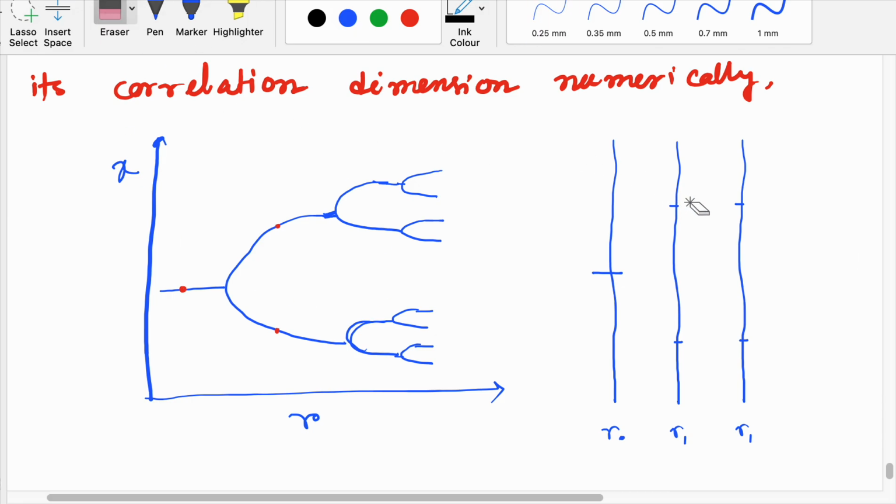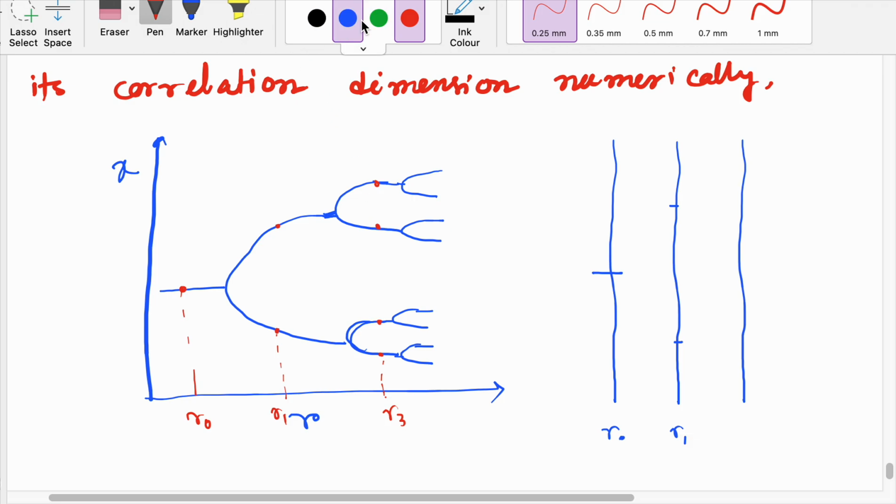Now go further. If I go in this region, suppose this is r1, this is r0, and this is r3.